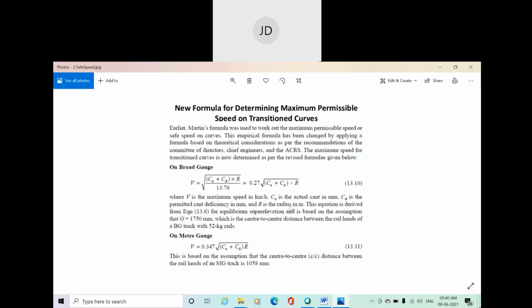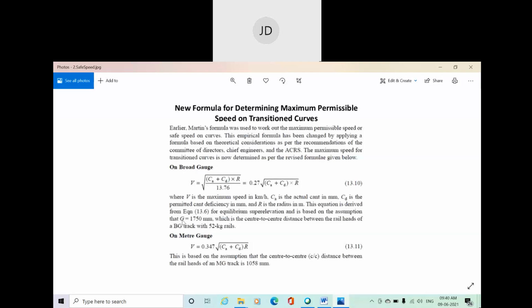And R is the radius in meter, okay. So don't confuse the units. R in meter here, fine. And this equation is derived from an equation which I will leave for now. It is based on the assumption that G is 1750 millimeter. You know, for broad gauge, what is the gauge length?